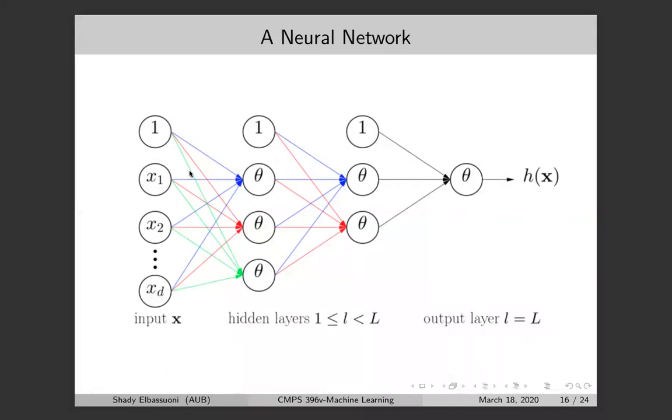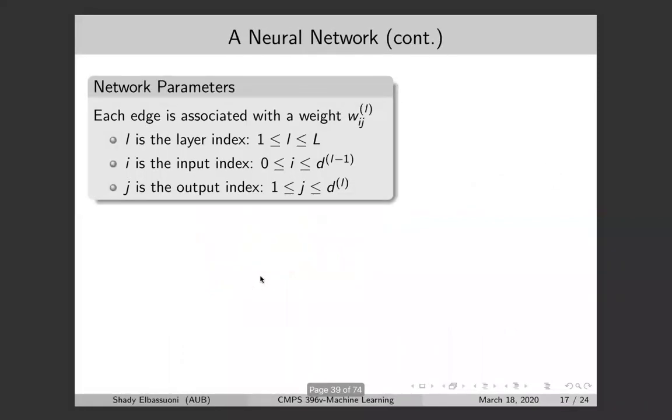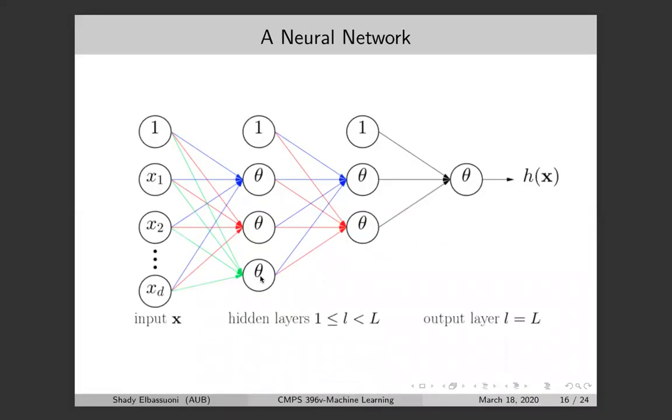The blue lines are just weights, the red lines are just weights, and the green lines are just weights. So each one is a weight, Wij of L. Let's see what this means. I is the input, J is the neuron that it's feeding into, or the output, and L is the layer.